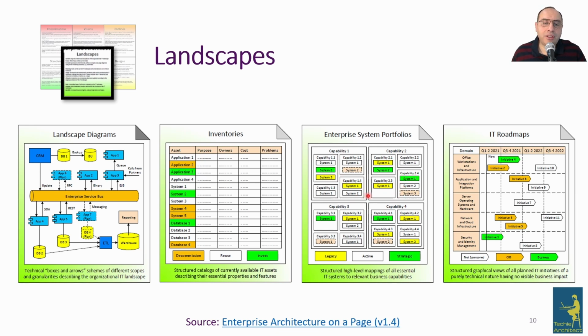And I can use the heat map, and here you can see legacy, active, and strategic. By the way, the heat map will be based on your scenario and situation, and usually when you are using an enterprise architecture tool, you can have multiple heat maps based on multiple attributes for the same system itself.